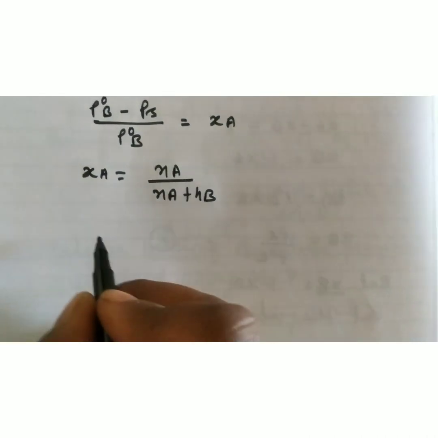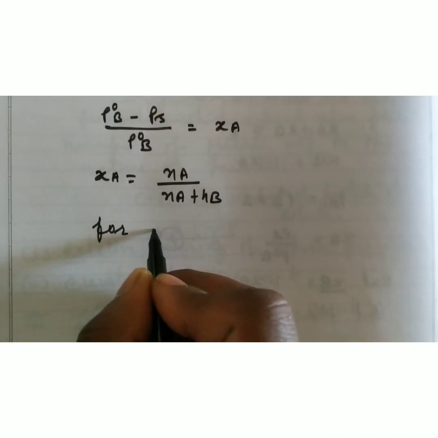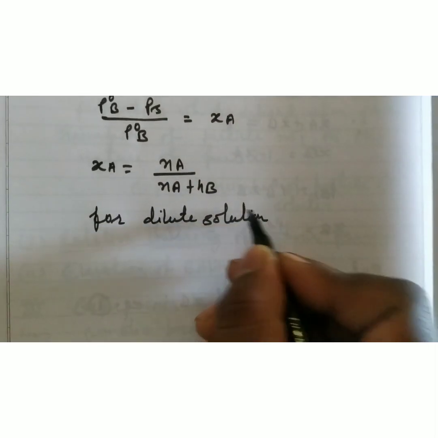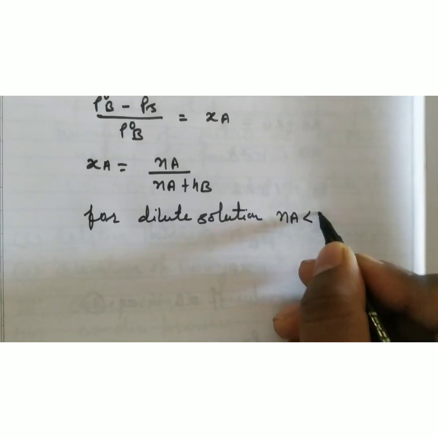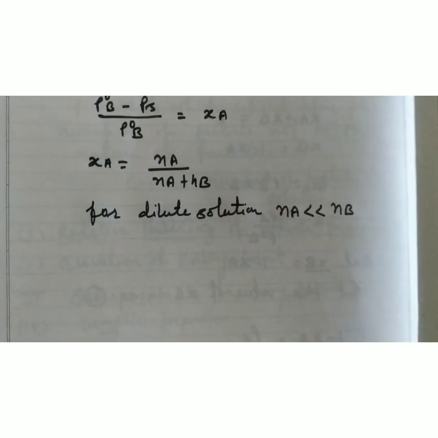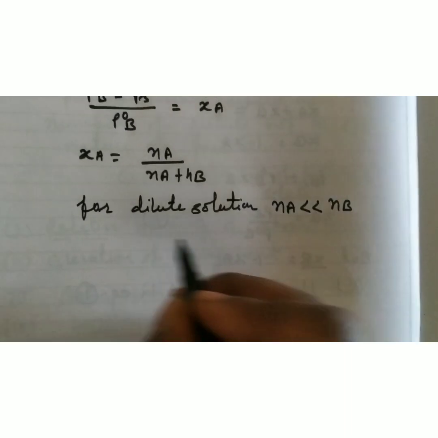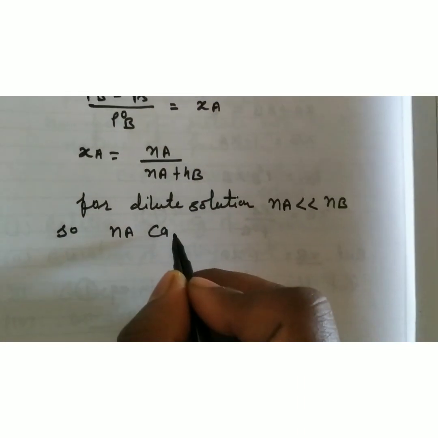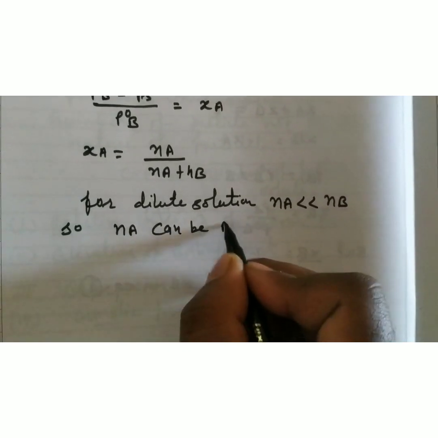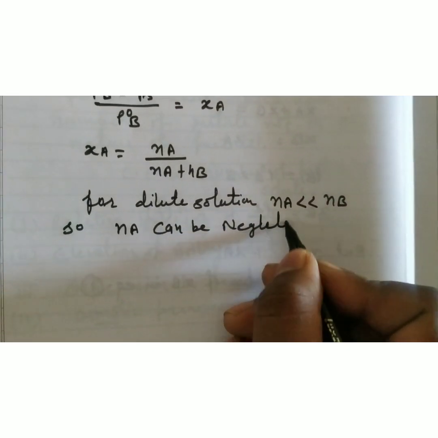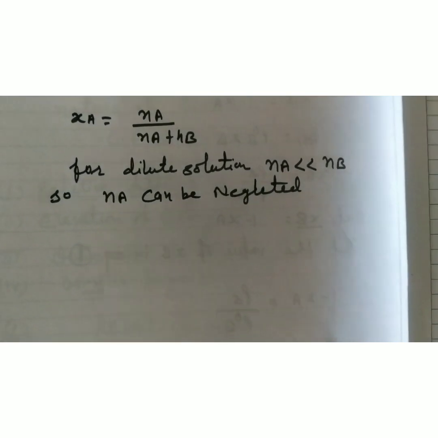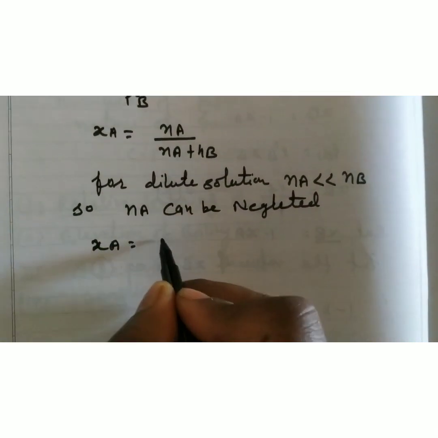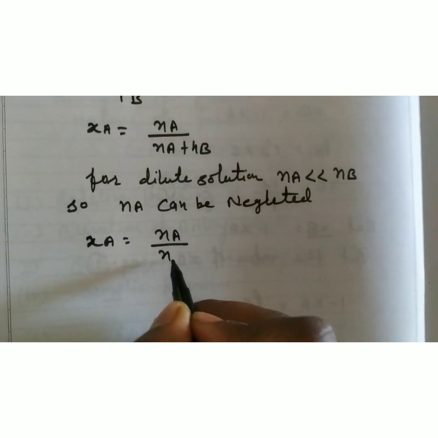So for a dilute solution, Na is less than Nb in case of solution. So Na can be neglected. So it will be XA equals Na divided by Nb.